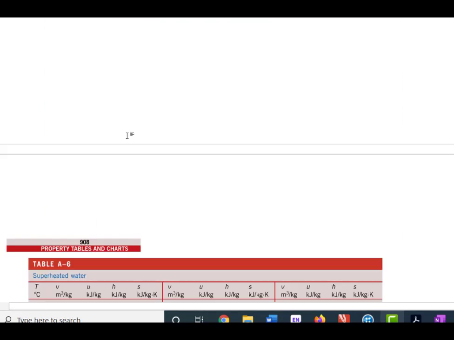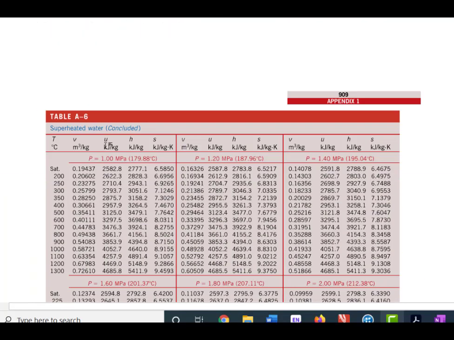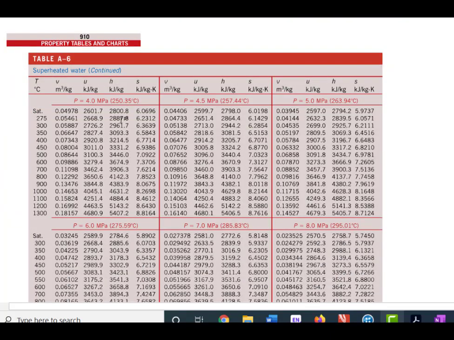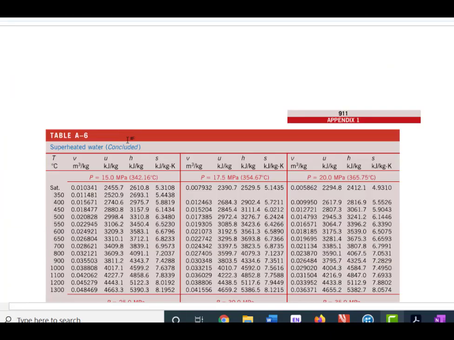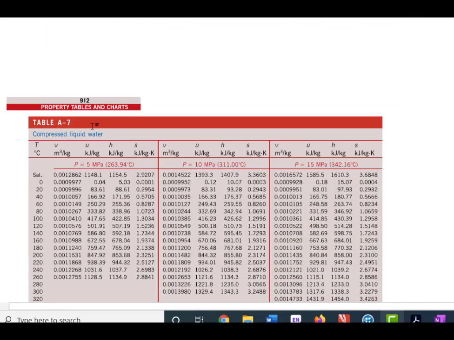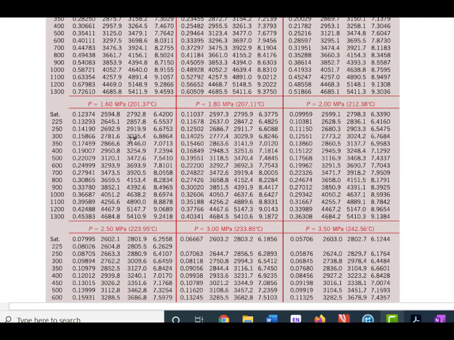So table A6 is for superheated water, a long table as you can see here, and table A7 is for compressed liquid water. You can see these tables are prepared according to the phase of the water.